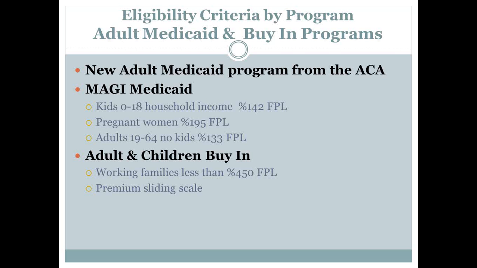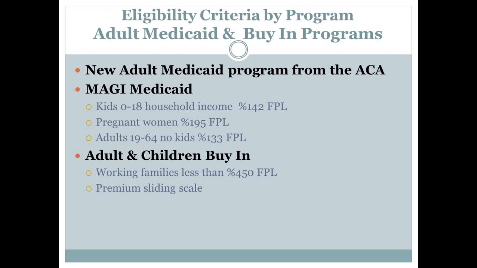It affects pregnant women at 195%, or adults 19 to 64 without kids at 133% of the federal poverty limit. And I know that that can be an obscure number because we don't identify the federal poverty level, but that information again is available on the PEAK website.